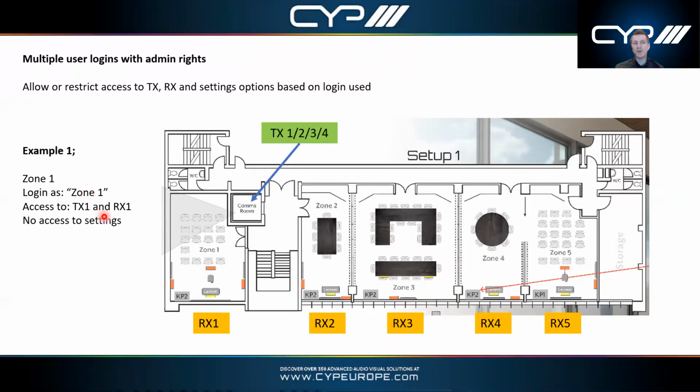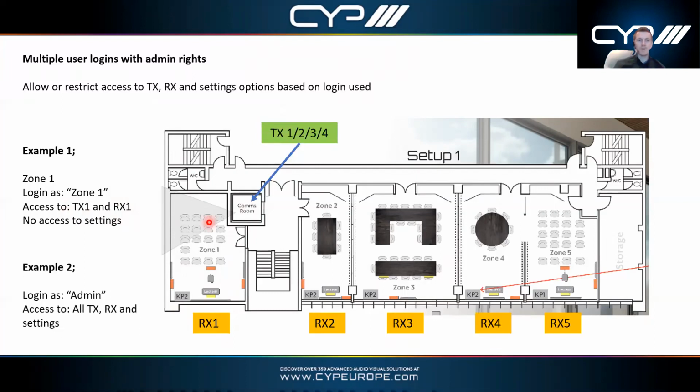And the administrator has already said, in that zone, you only have access to transmitter 1 and receiver 1. So again, you walk into this room here, and you're using the local controller in that room, and it would be logged in as zone 1. So you've only then got access to the receiver 1 and, maybe in this case, transmitter 1.